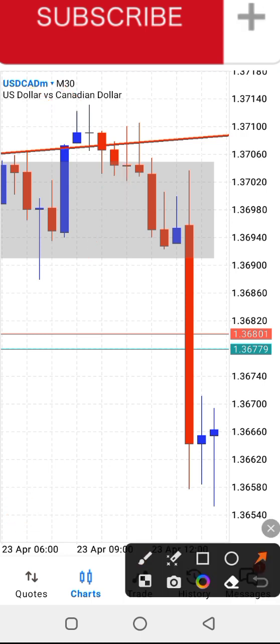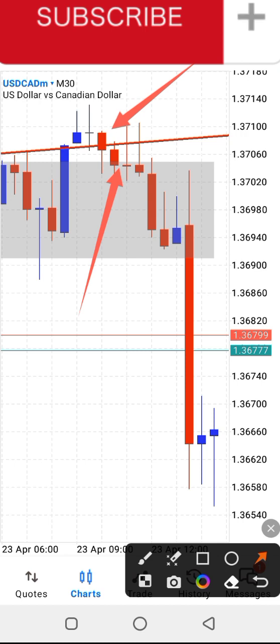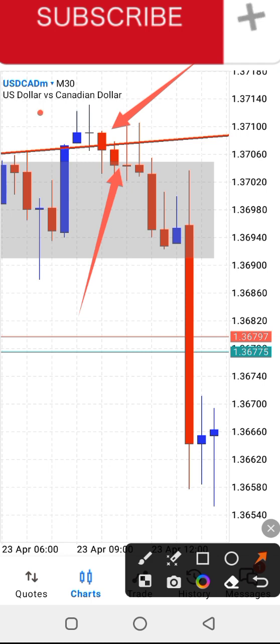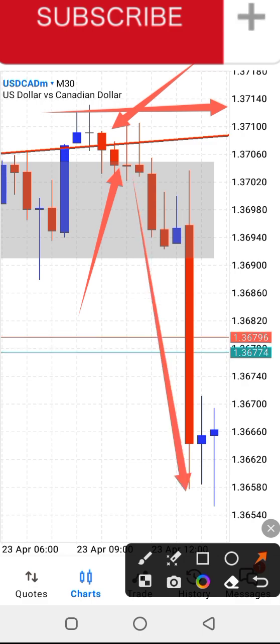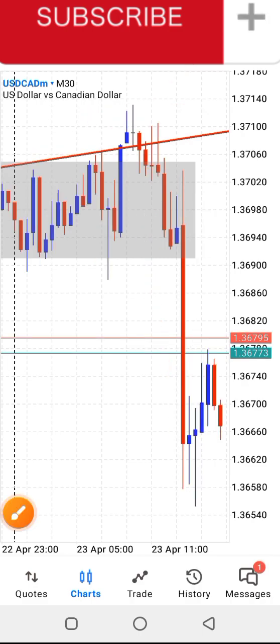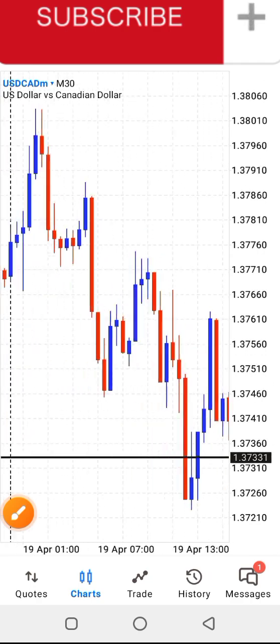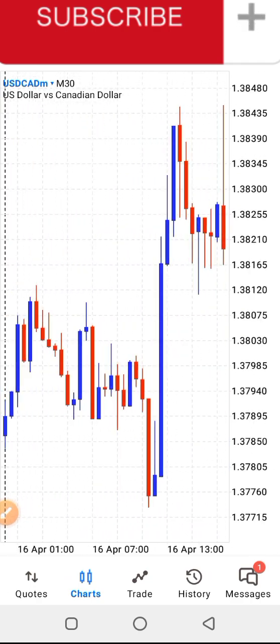I'll wait for this candle to close below the level, which it did. As it's closing below the level, I'll enter on the next candle, place my stop loss above, somewhere here. Okay, and take my trade to the downside. Hope it's clear. All right, so let me show you the other example I've got.